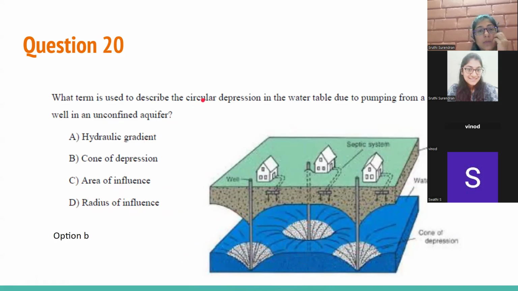In this question, they're asking about the circular depression in water table due to pumping. What term is used? It's a cone of depression. This is called the cone of depression. This curve is called the drawdown curve. This area is called the area of influence. And this is called the radius of influence. That is the distance from the center of the well and the point until which this drawdown curve becomes horizontal is called the radius of influence.